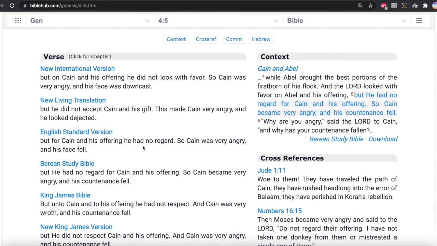Instead, I'm getting more the idea that they just don't pay any attention to it at all. So for my own interpretation, and again, you might have a different opinion after you do your own word study, I think it's the translators who decide that God is saying that God did not accept it, adding this flavor that God didn't like Cain's gift and said something negative about it. I would say, no, in my interpretation, it's more that God just isn't paying attention to Cain's gift at all. And that's what gets Cain upset.